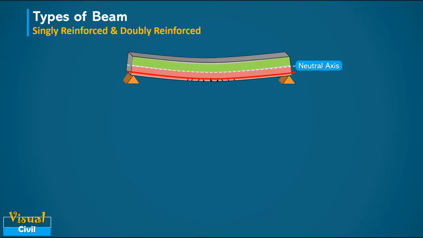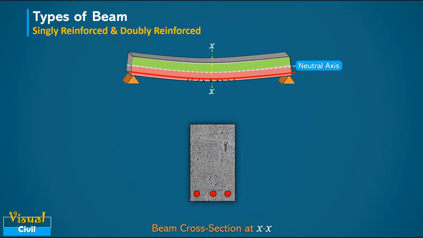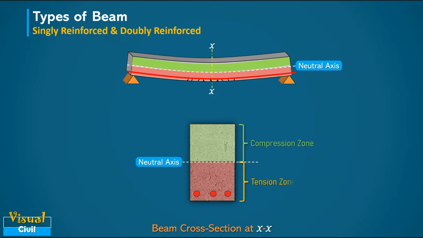Now, let us cut a section at the midpoint of the beam along line XX. In this section, the portion above the neutral axis is in compression while the portion below is in tension. The rebars are positioned in the tension zone here at the bottom. But that's not all. The beam also experiences shear stress, especially near the supports due to shear forces.